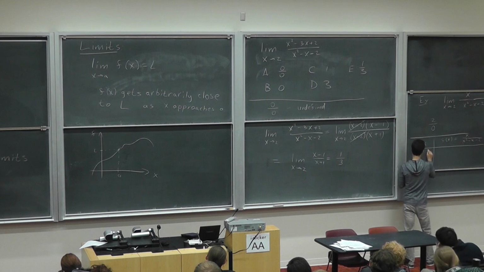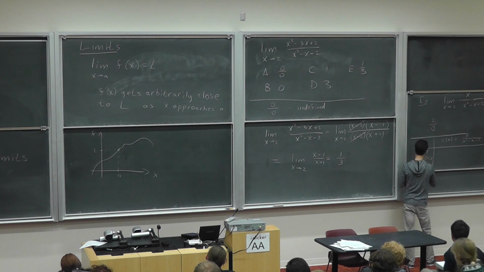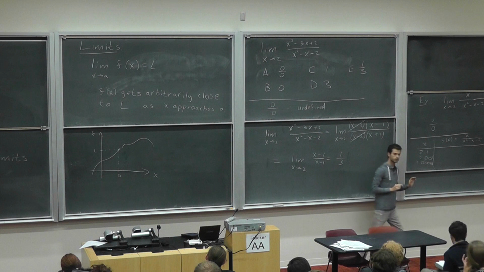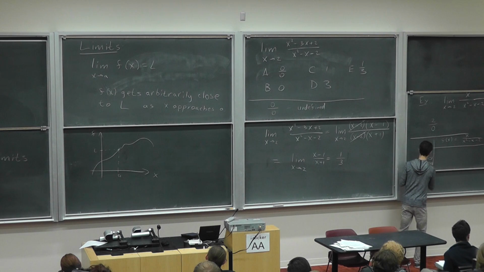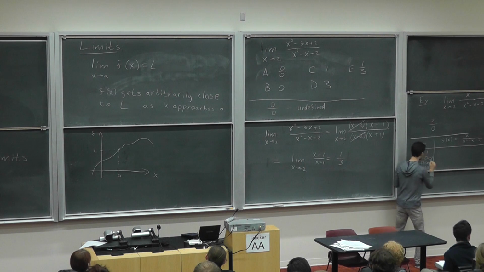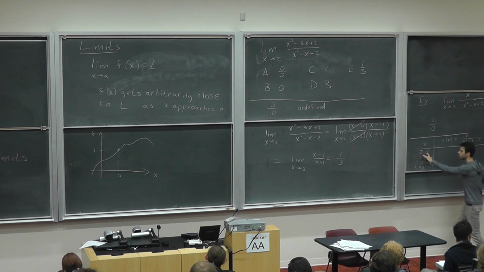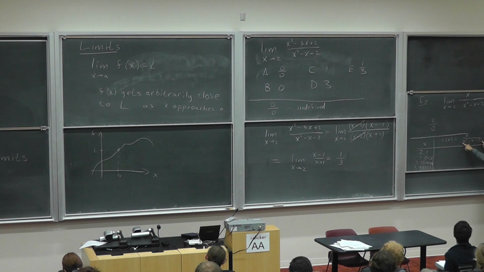So I will be plugging in 2.0, 2.001, 2.00001, and maybe 1.9999. What's going to happen is when x is close to 2, the denominator is going to be close to 0. I'm not sure what it is exactly.